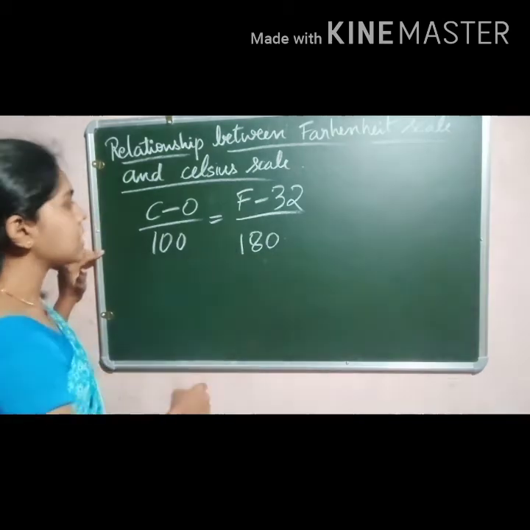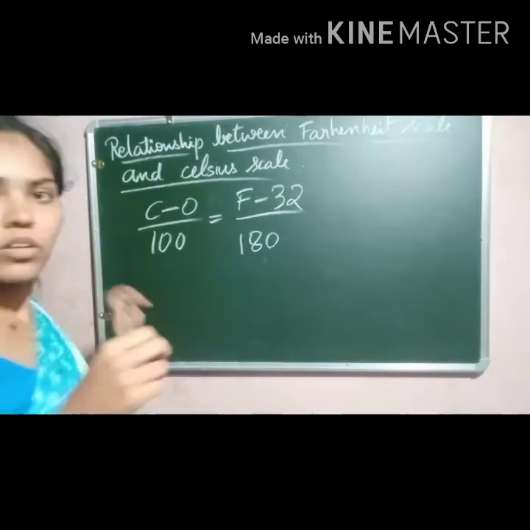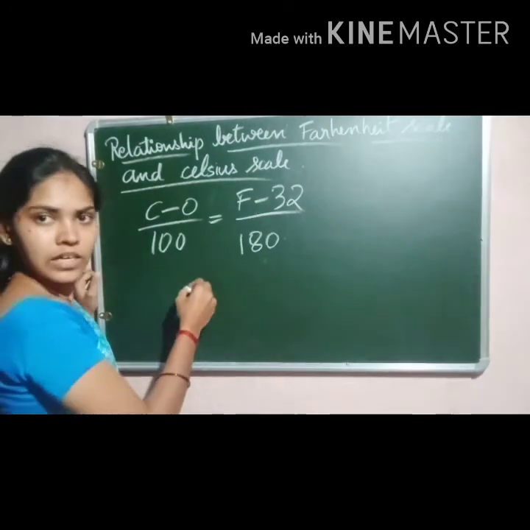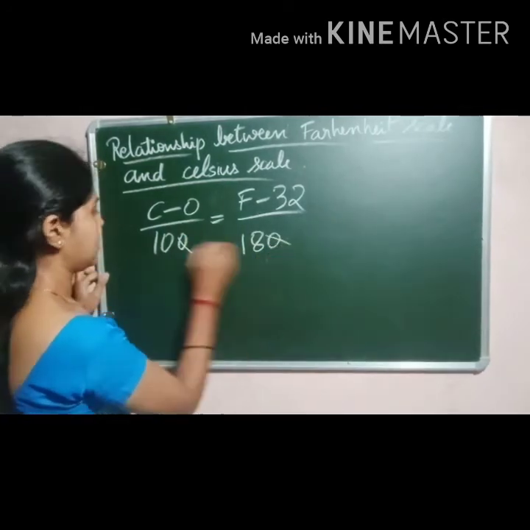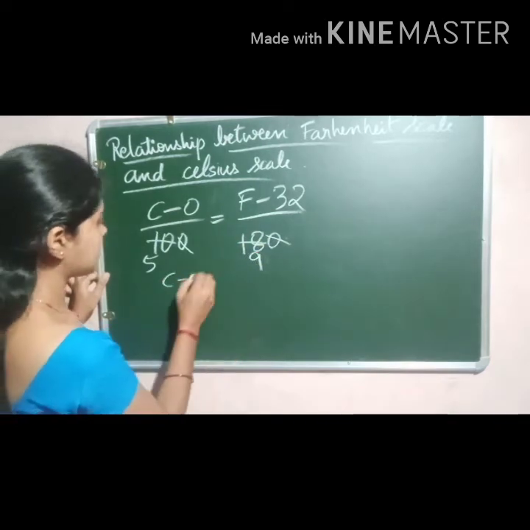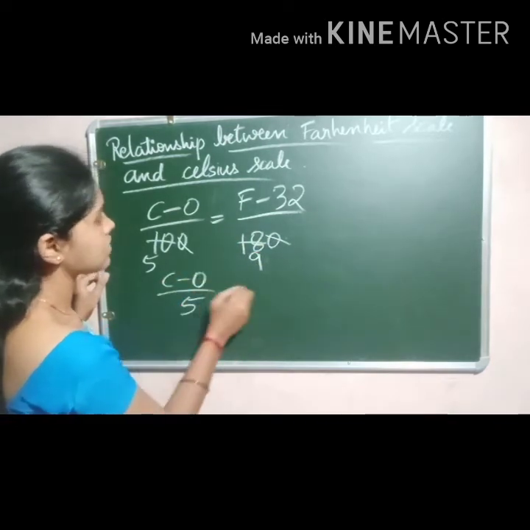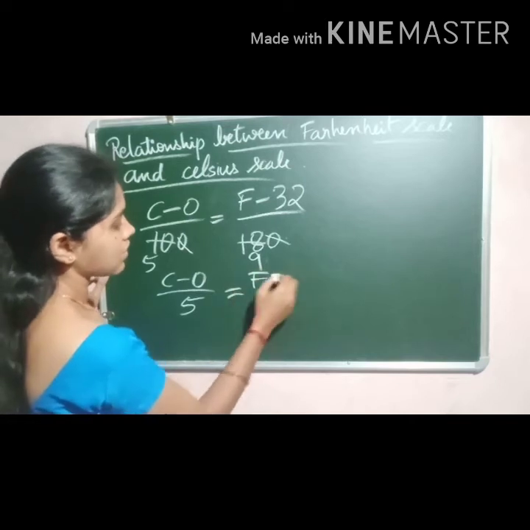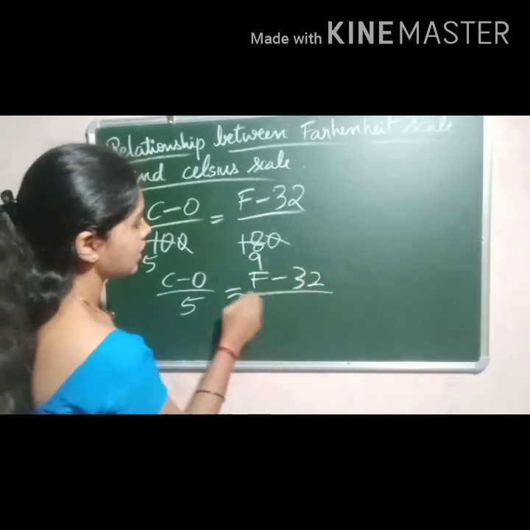So when you simplify, what do you get? You can divide by 20: 5 and 9. So I can write C minus 0 divided by 5 is equal to F minus 32 divided by 9.